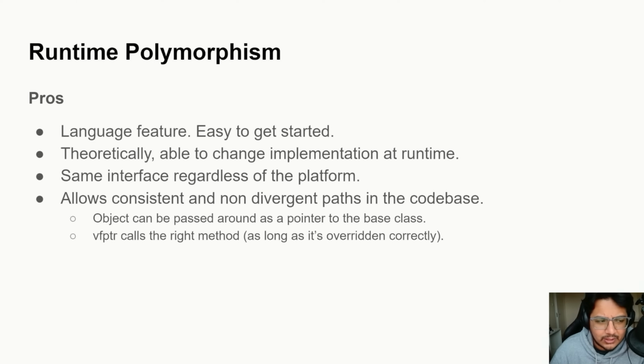And what this allows us is, in the client code, consistent and non-divergent paths in their code base, right? Because the object can be passed around as a pointer to the base class object. They still can access the methods because having the vtable will just resolve to the correct function call.